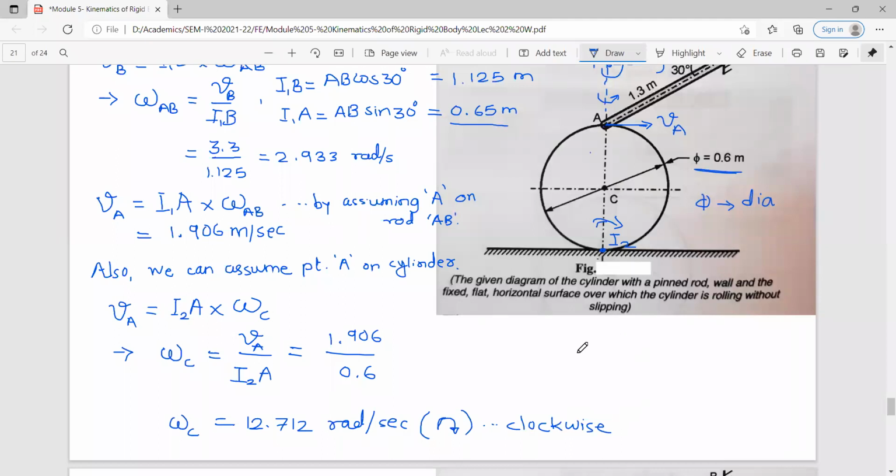Sir, actually, angular velocity of cylinder is 3.177. 3.17. That is correct. It should not be 12. Here it is divided by 0.6. Yes, 3 point something. It is a wrong answer.